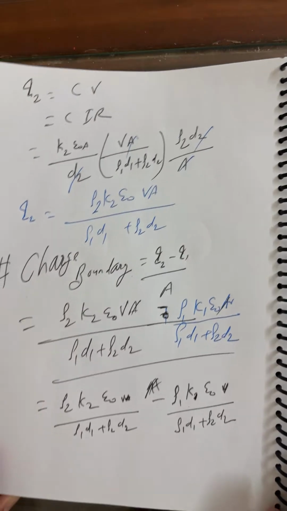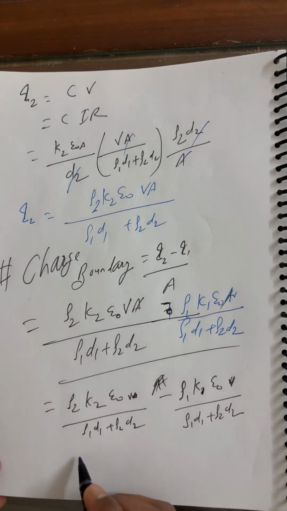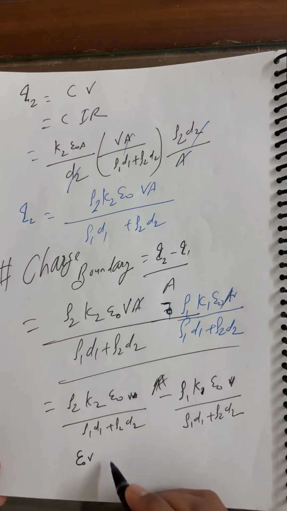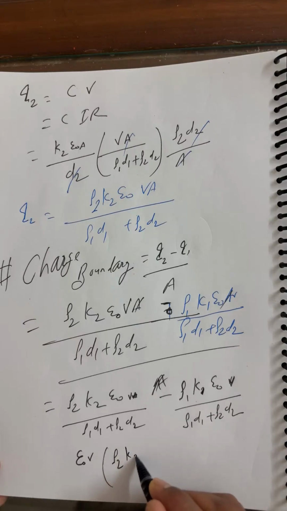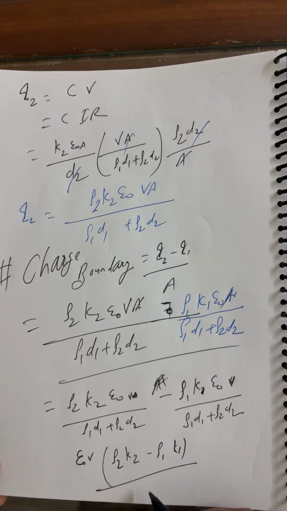So this is epsilon naught into V, rho 2 K2 minus rho 1 K1 upon beta, rho 1 D1 plus rho 2 D2 upon beta.